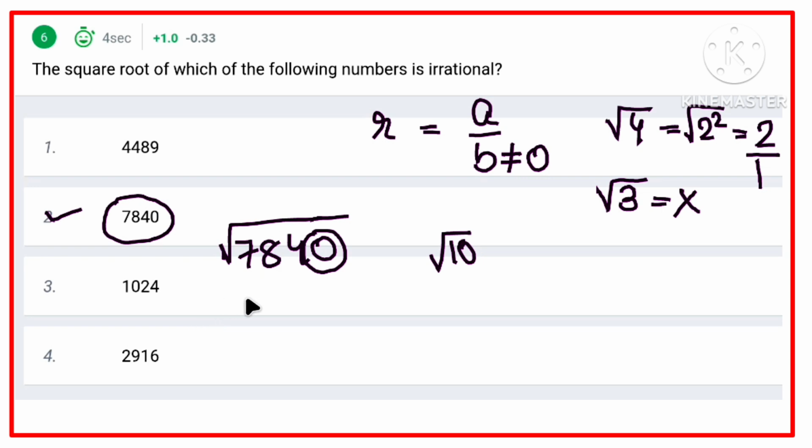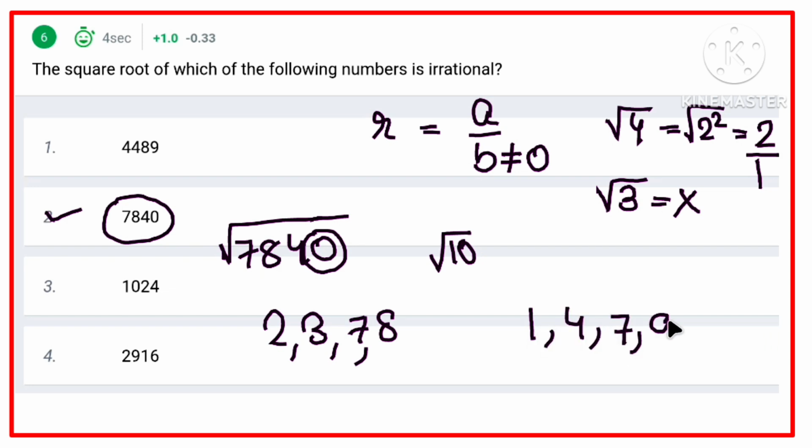always remember at the end of any square number you will not get 2, 3, 7 and 8. If you have 2, 3, 7 and 8 at the end or in the unit place of any number, those number will be not a perfect square number. And always remember, if you add the digits of any perfect square number, you will get the digit sum as 1, 4, 7 and 9.